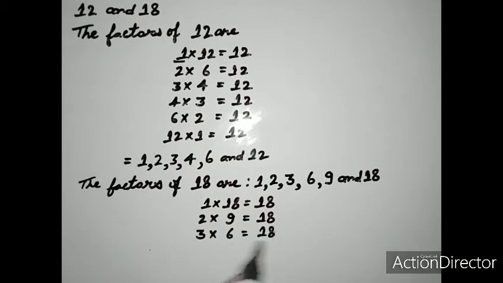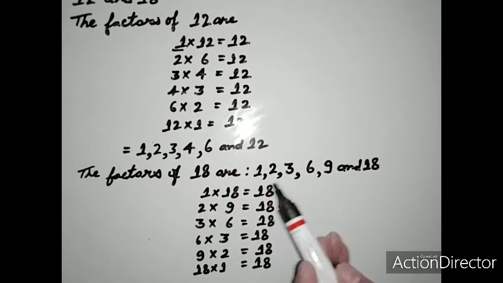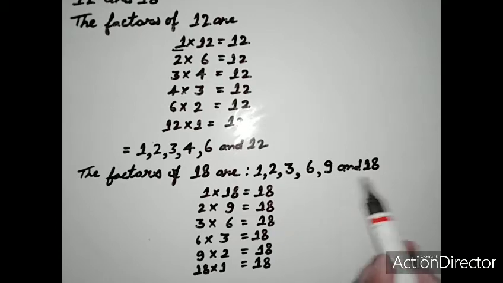Then 18 does not come in the table of 4, not in 5, but in 6, 6 3s are 18. Then not in 7, not in 8, but in 9, 9 2s are 18, and after that 18 ones are 18. So the factors of 18 are 1, 2, 3, 6, 9 and 18.